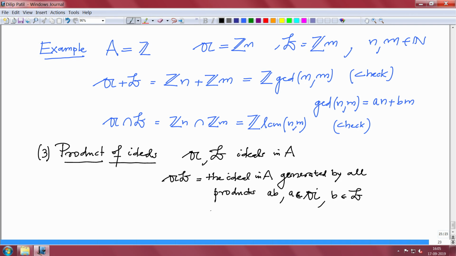So, in our notation it will be like this. This is the same thing as the summation of the principal ideals (ab), where the summation is running over (a,b) in 𝔞 × 𝔟. This is the formal notation.